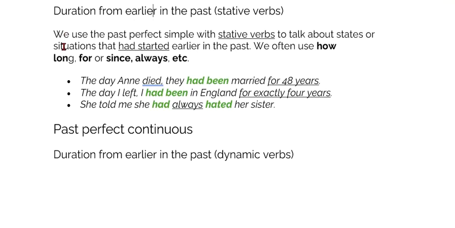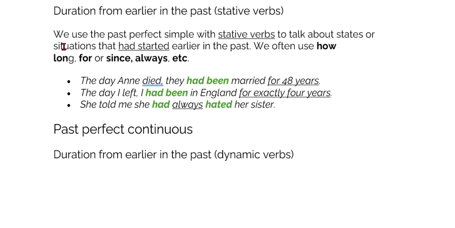They are somehow the opposite of action verbs, because some verbs are actions, such as eat, drink, jump, run. Stative verbs do not refer to an action. They refer to a state. We use stative verbs with past perfect simple, not the continuous version, because they don't take ing anyhow.